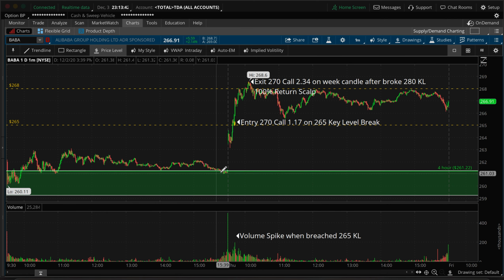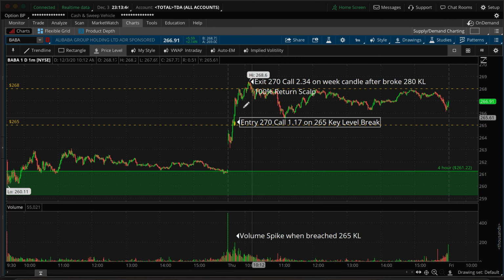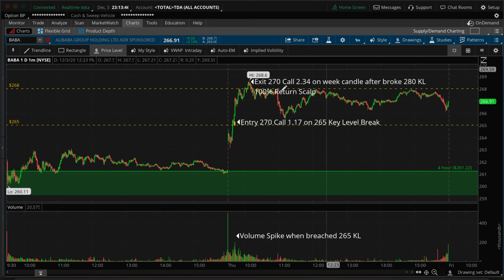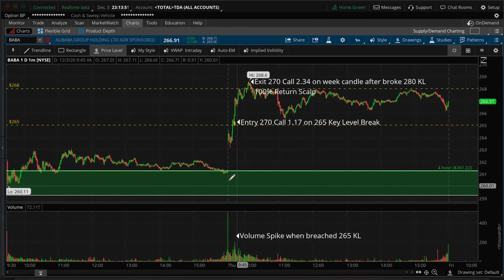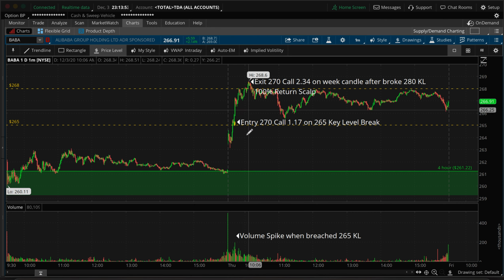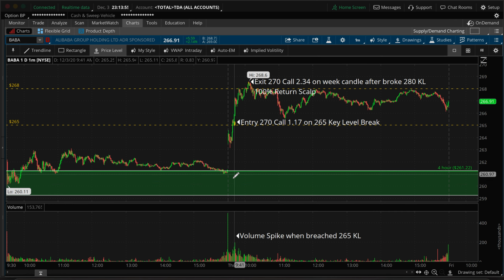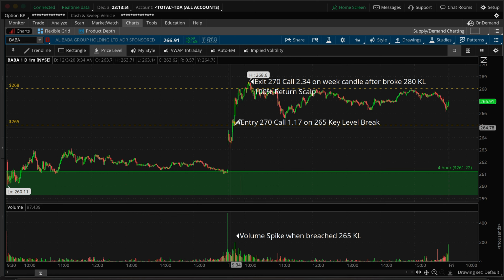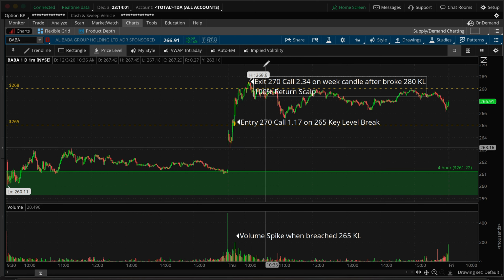So if you did have this here, I don't think we had any demand to supply to like 280. So if you're not in long expiration contracts, you wouldn't want to keep holding this out of this demand. But for a quick weekly scalp, this was great between these two key levels.